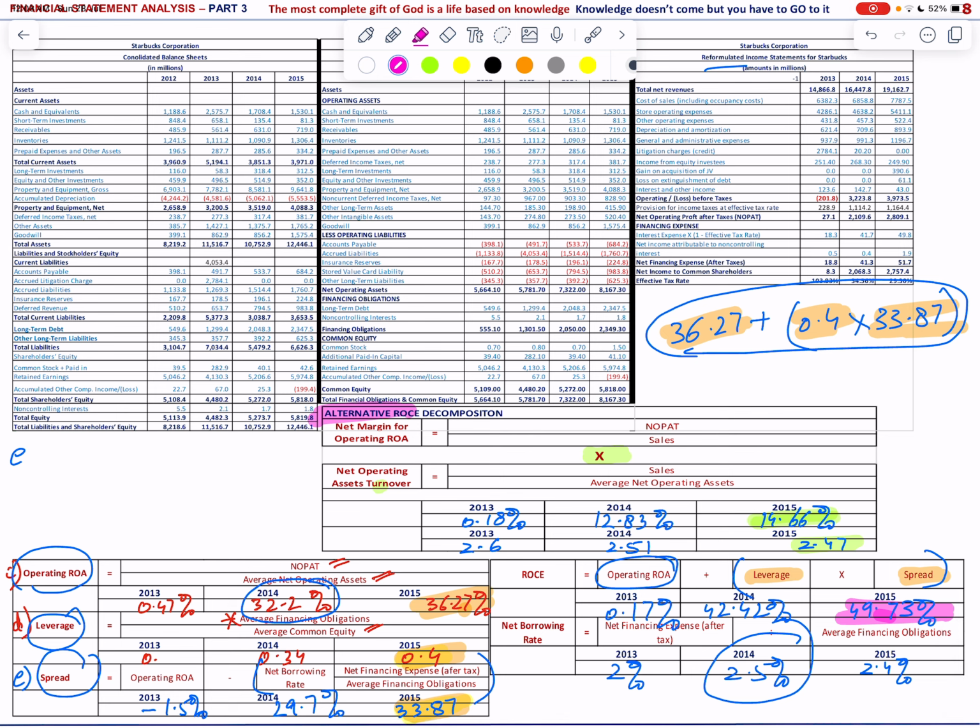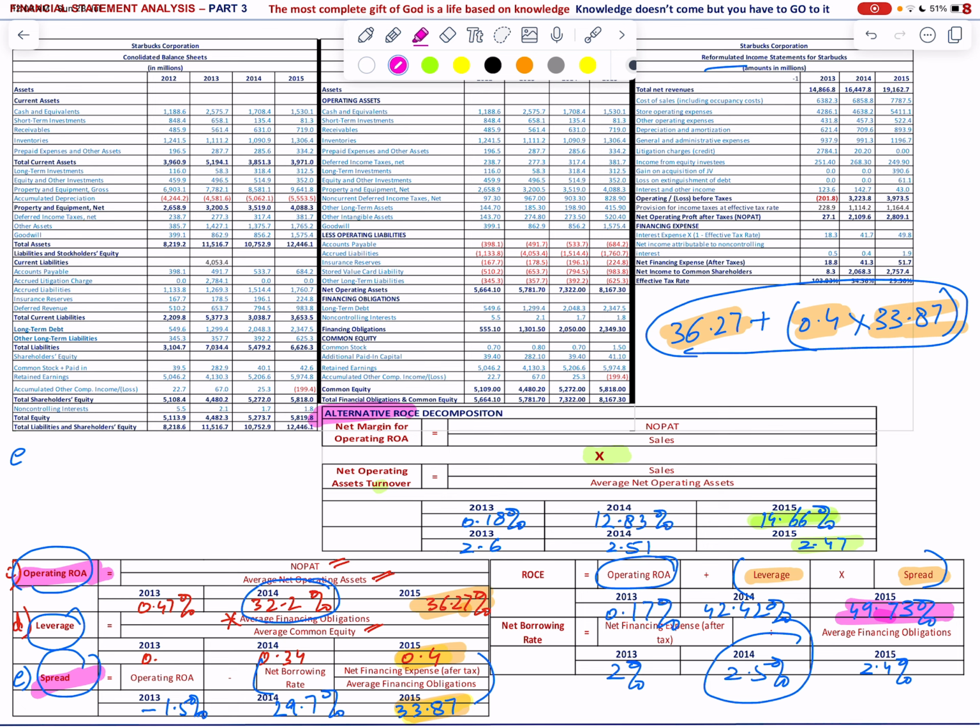However, the alternative breakdown of return on capital employed reveals that Starbucks has achieved a significant spread between its operating return on assets and its net borrowing rate.